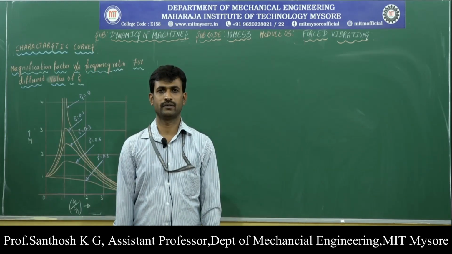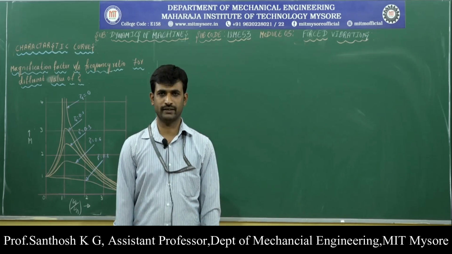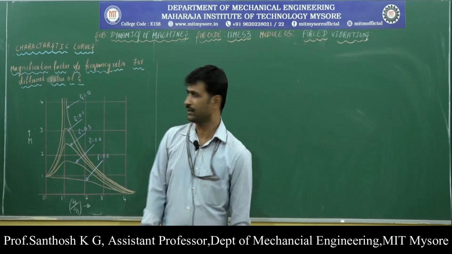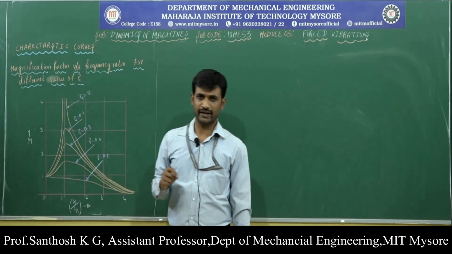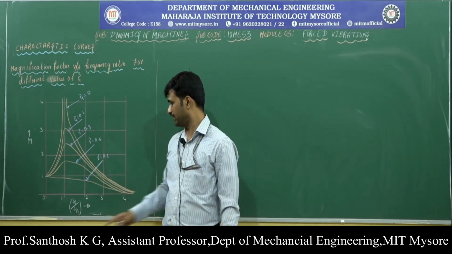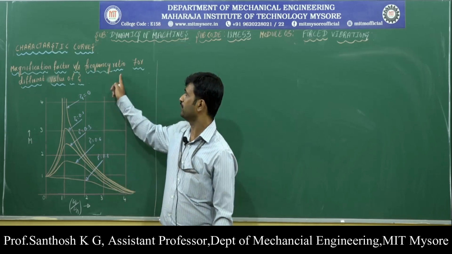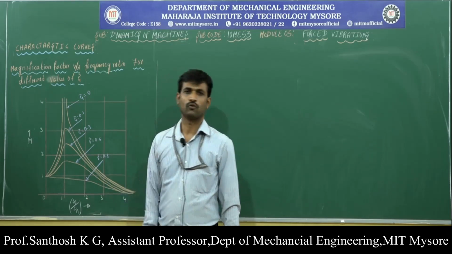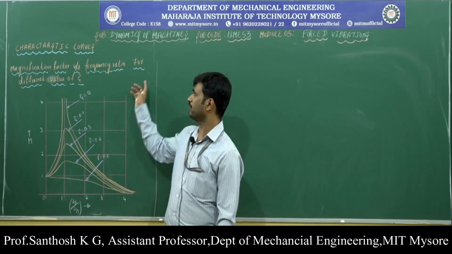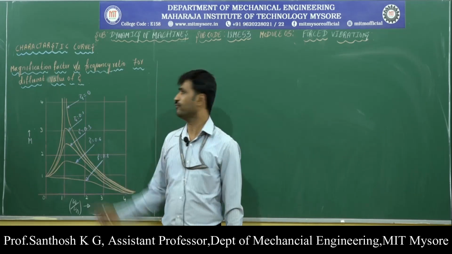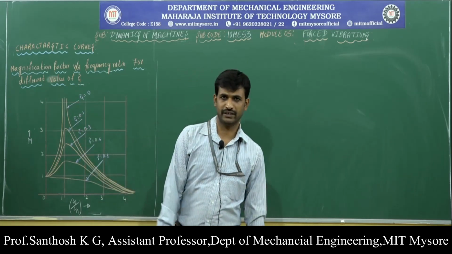After defining the magnification factor, now let us see how the magnification factor is going to vary with respect to the frequency ratio, which is omega by omega n, for different values of damping ratio.